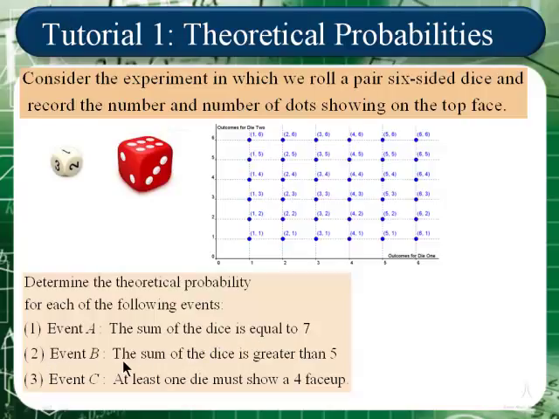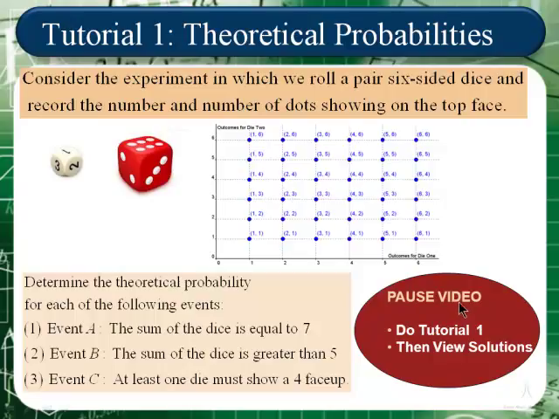Event B is described as the event such that the sum of the dice is greater than 5, while event C is the event where at least one die must show a 4 face up. I suggest that you pause the video, do tutorial 1, and then come back and view possible solutions.